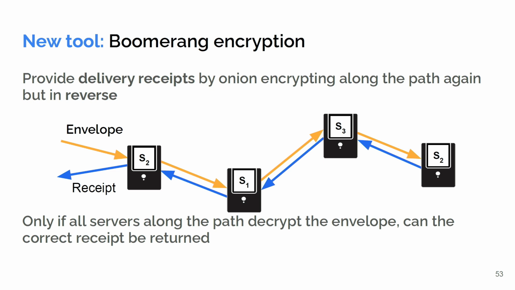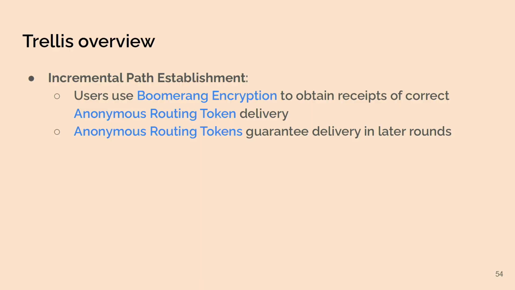The user will know that its message has been delivered because it receives the onion encryption receipt back. And only if all the servers along the path decrypt the envelope will the correct receipt be returned. And so we use the boomerang encryption to obtain receipts that the anonymous routing tokens were delivered correctly.